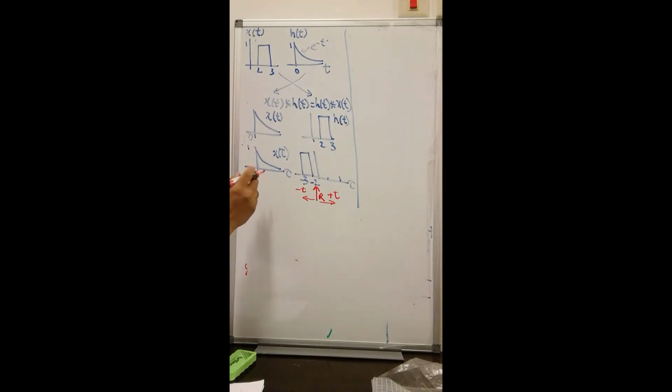We shift it until the rectangular pulse is here, and then it starts coming inside, and then it is completely inside when it passes this time.